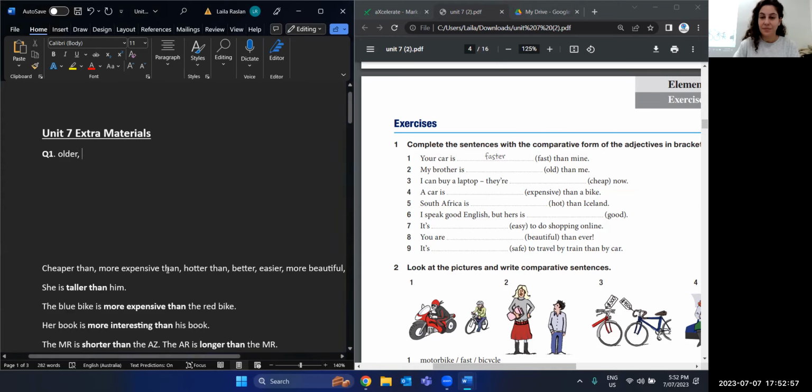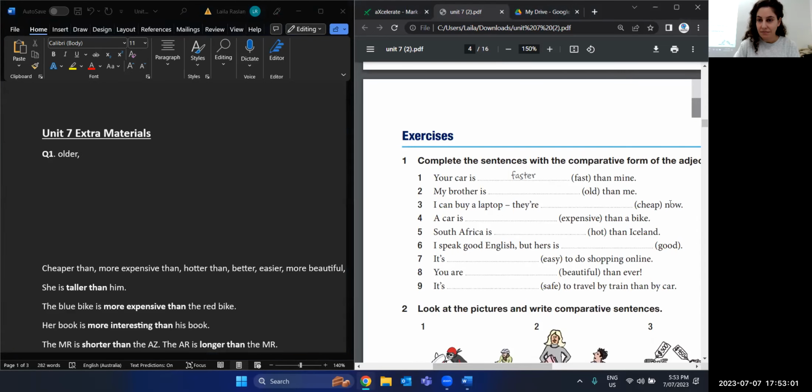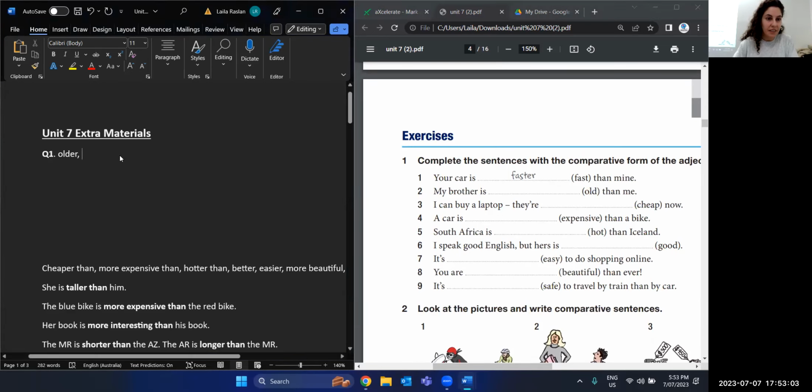They're cheaper. Yeah, they're cheaper now. Number 4, Letizia. Yes.